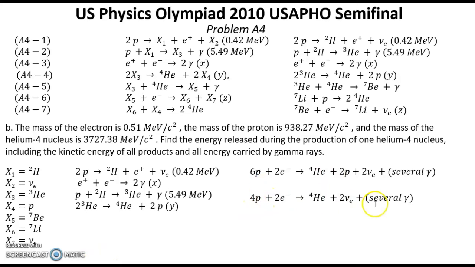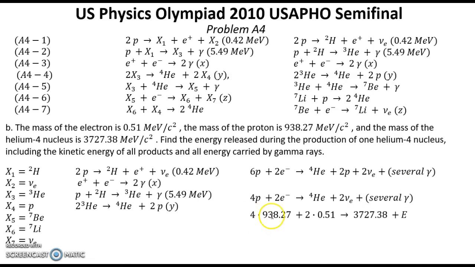That will be this one. From here we can count the energy difference, because initially we had 4 protons and 2 electrons, and we got 1 helium-4 nucleus, and other energies we need to count, which include all kinetic energy for products plus 2 neutrinos plus several gamma rays. That would be this equation.